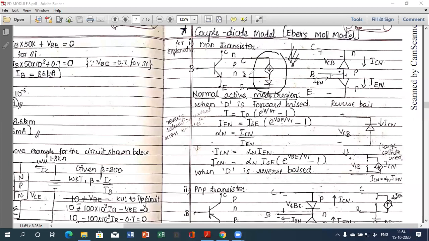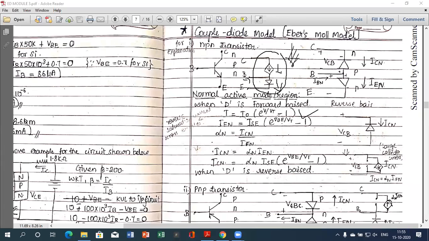Now these two represent the complete NPN transistor operating in the normal active mode region, where across this current source we have ICN, across this forward biased diode we have IEN, and this is the base current. Now looking at this equivalent circuit of the NPN, when this diode is forward biased, we know the formula for the forward bias of the diode, which is I equals I naught times e raised to V by Vt minus 1.